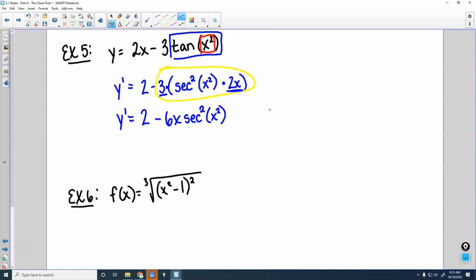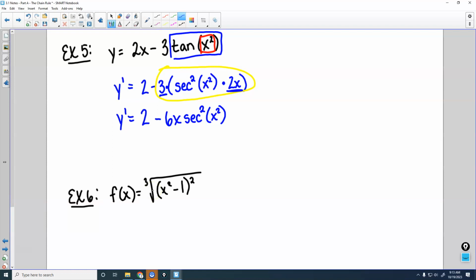All right, now, you can do number 6 two different ways. This can be done as a triple chain rule because you got the cube root on the outside, you got the square on the inside of that, and then you got the x squared minus 1 on the inside of that. So it can be done with a triple chain rule.